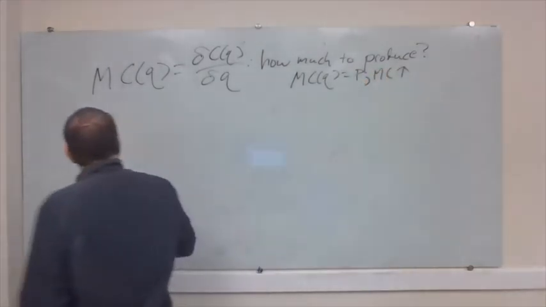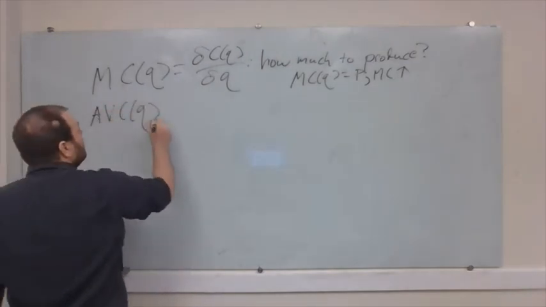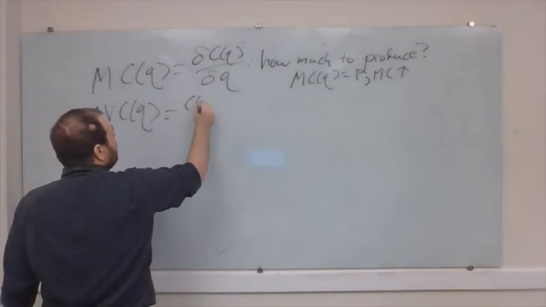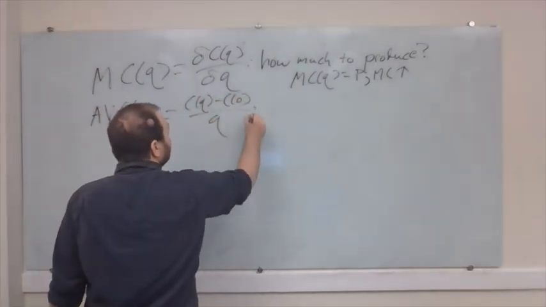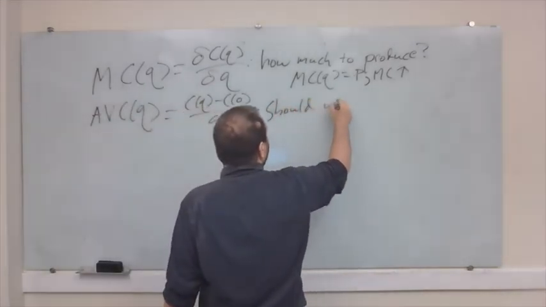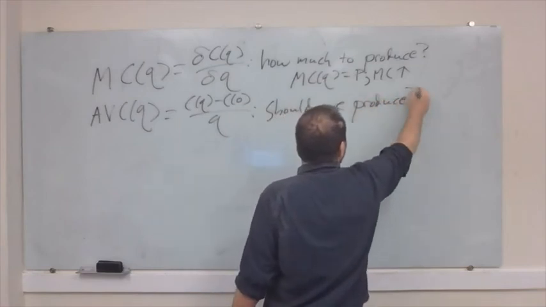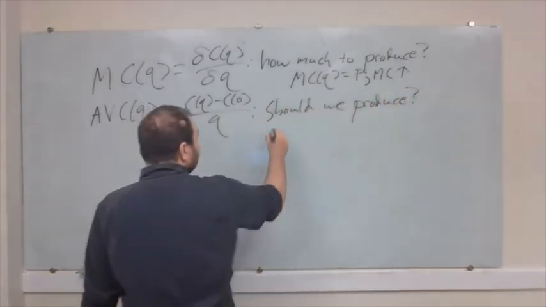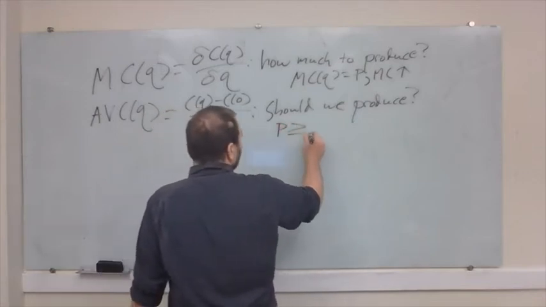We have average variable cost, right, which is going to equal C of Q minus C of 0 over Q. This is going to tell us should we produce. Right? And we'll produce if price is greater than or equal to average variable cost.